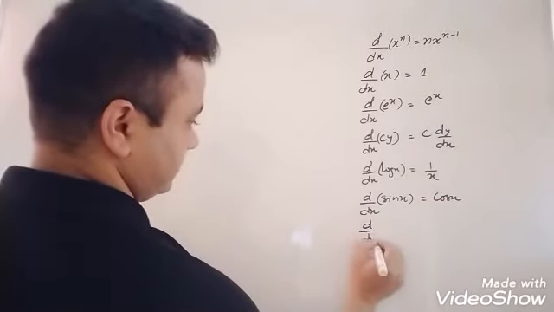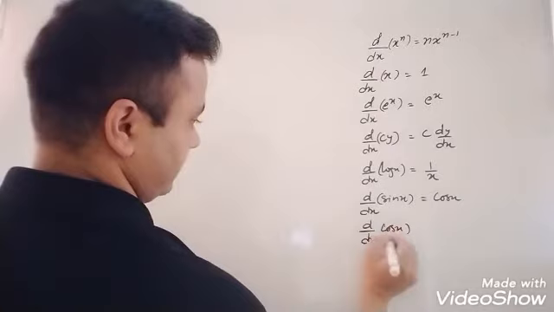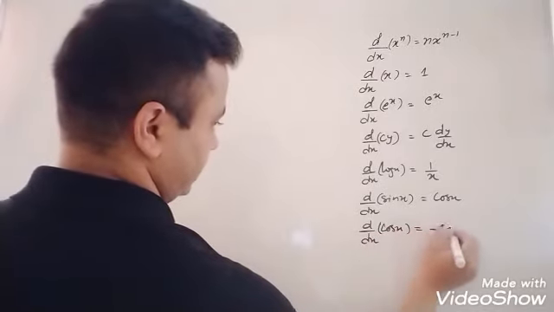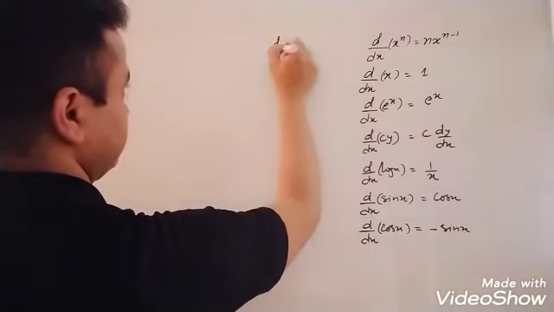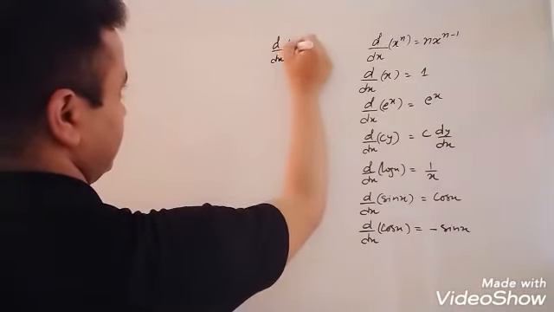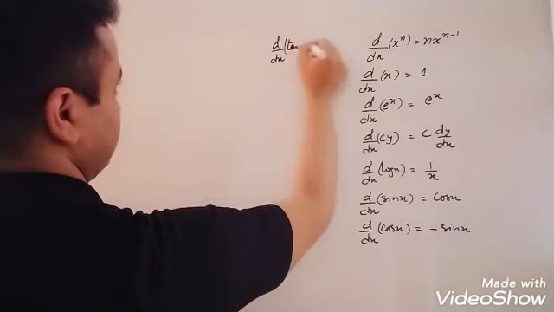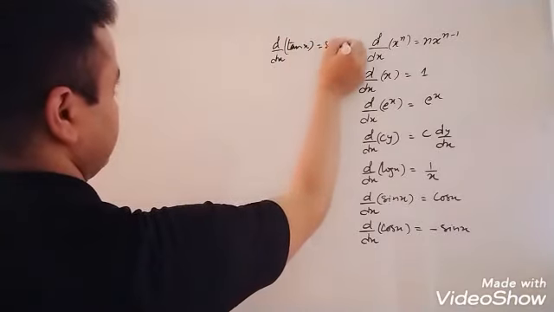d/dx of cos x is minus sin x. d/dx of tan x is sec square x.